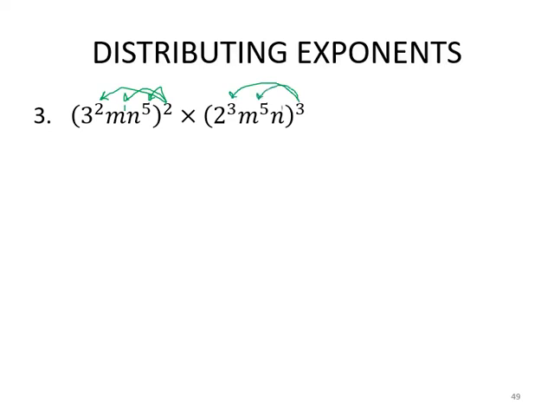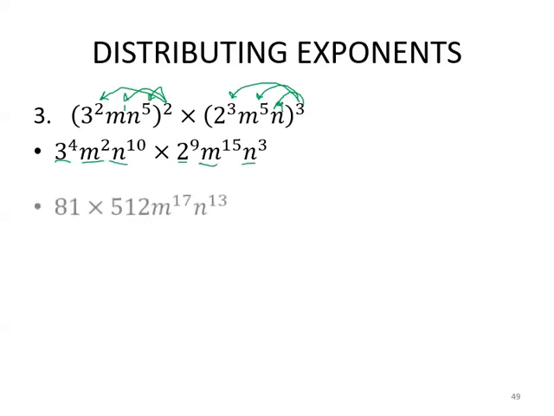We've got 1 here, and then you'll say 3 times 1. Okay, and this is what you will end up having. These are numbers, so we just multiply them. What about the m's? M's will be raised to the exponent of 17, and n's will be raised to the exponent of 13. So this is what we will have.